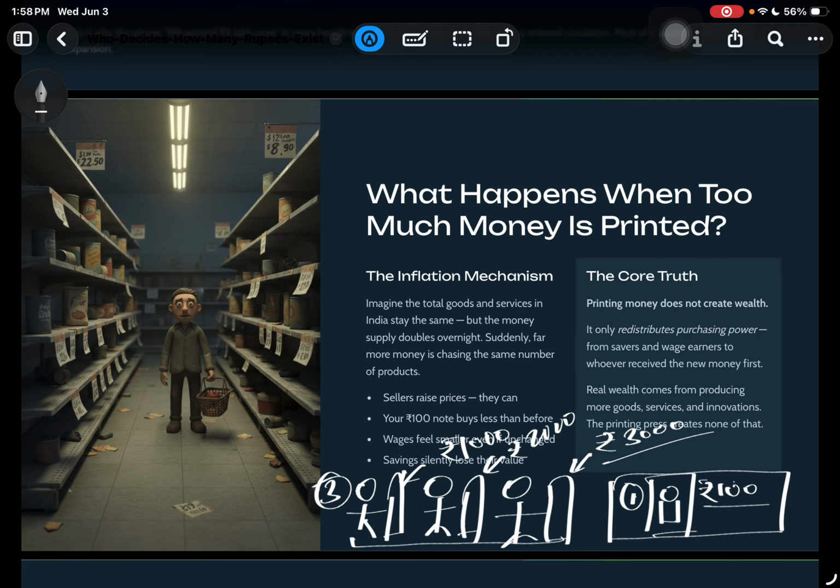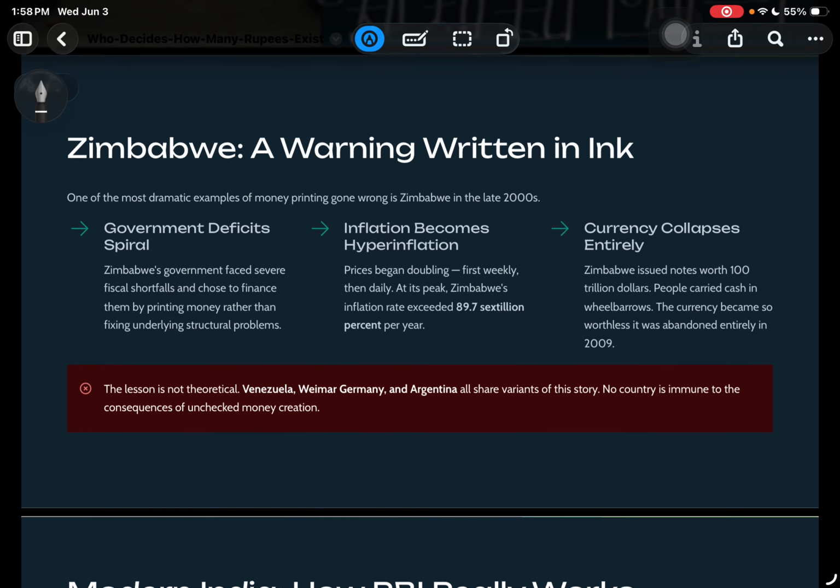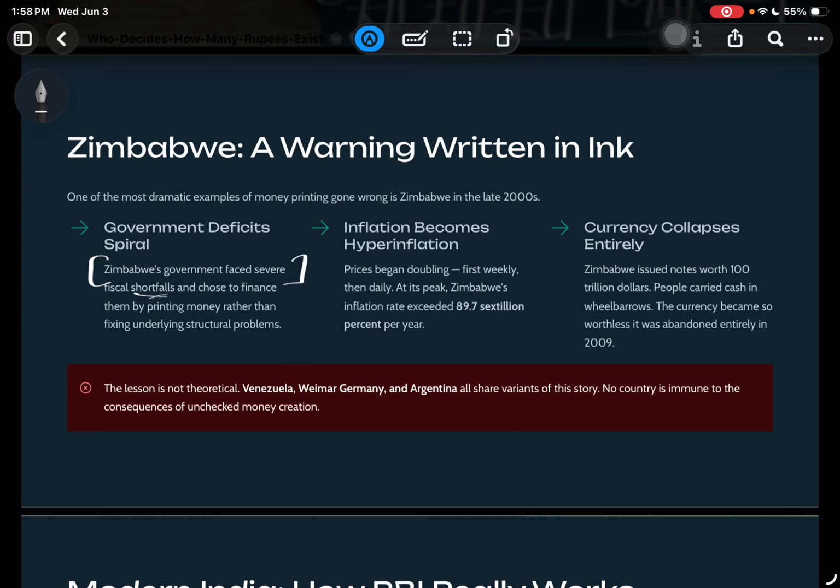So from this example, we can understand that printing money should be backed on or based on something. If the economy is expanding, new money needs to be created, but again it needs to depend on something, right? So what happened with Zimbabwe was that Zimbabwe faced severe fiscal shortfalls, and rather than fixing the structural economic problems where the economy was lacking, they just recklessly started to print money.